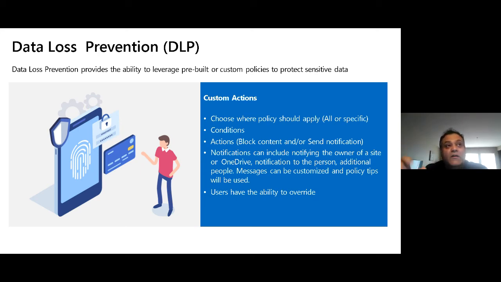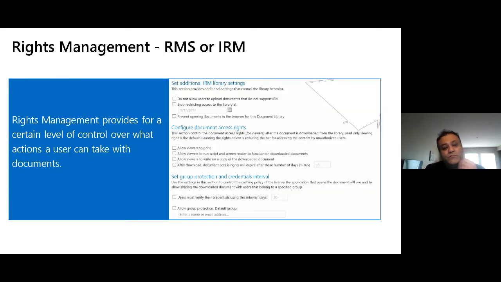If it's an internal site, I have to maintain people's salaries and their socials and all of that. Okay, great. But what are the notifications and or encryptions that I have to apply to that content? Will the users have the ability to override it or not? In certain use cases, yes. In certain use cases, no. And you have to define that within your organization.